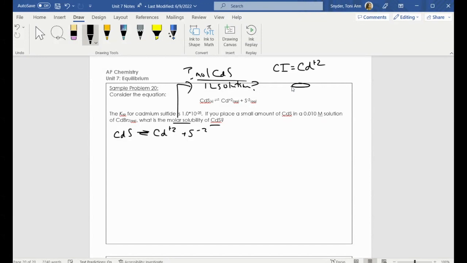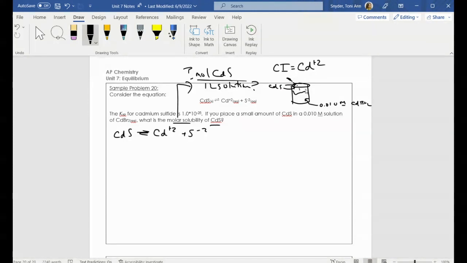And I'm going to try to draw a picture to show you what this is representing. So I have a solution, and in here I have the 0.010 molar solution of cadmium bromide, and I have a pipette, and I'm going to add a little bit of cadmium sulfide. That's the cadmium sulfide here.